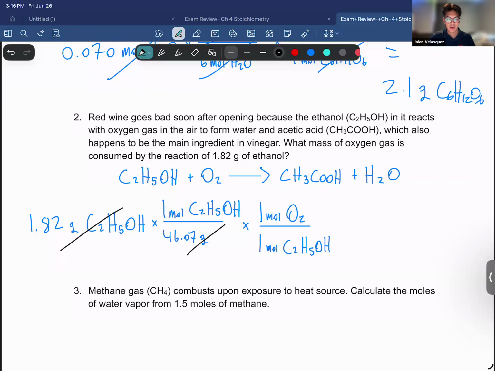So the grams of ethanol go away, moles of ethanol go away, and then from the moles of oxygen, we can go to the grams of oxygen by using molar mass. So we know that 1 mole of O2 is 32 grams. Right, so you work that out. You should calculate about 1.26 grams of oxygen.